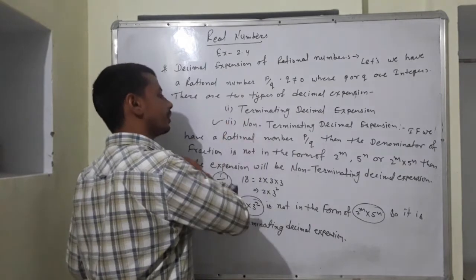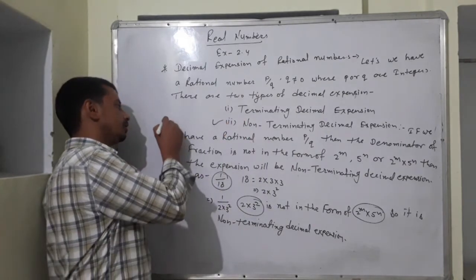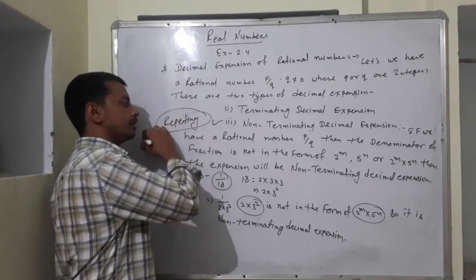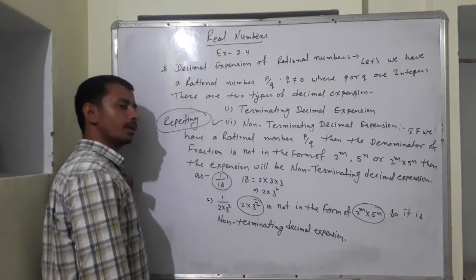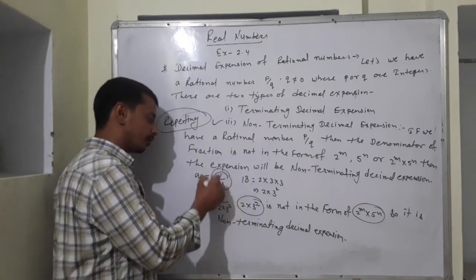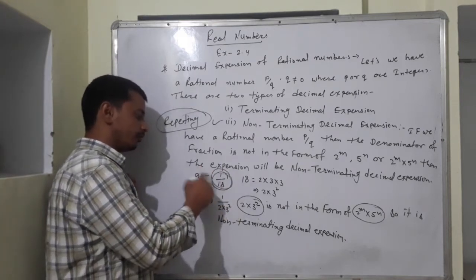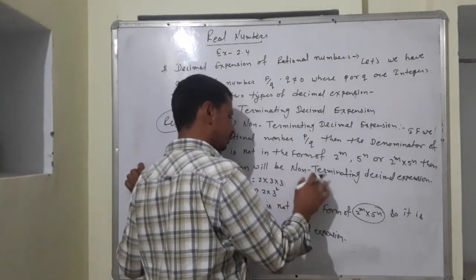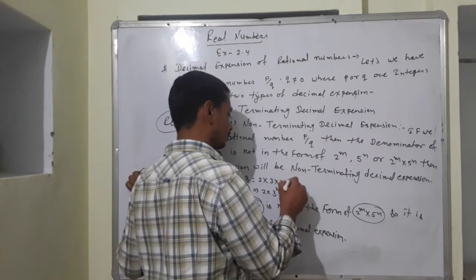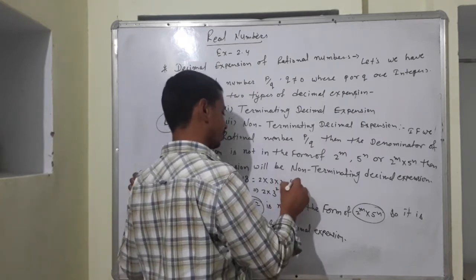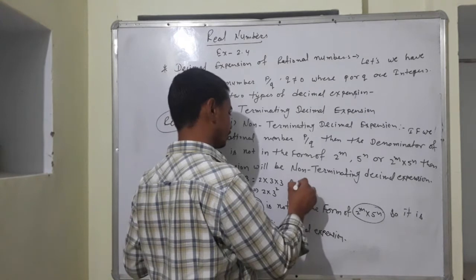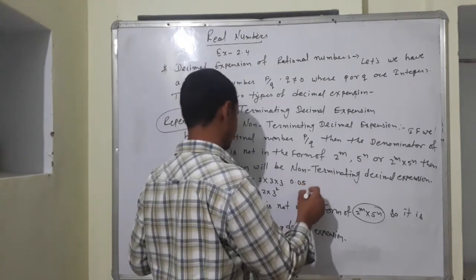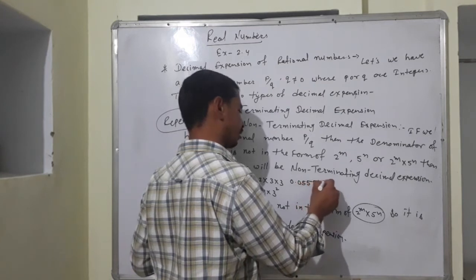Second name of non-terminating decimal expansion is repeating decimal expansion. Okay. When we divide 1 upon 18, then the value of quotient is repeating as 0.0555555.